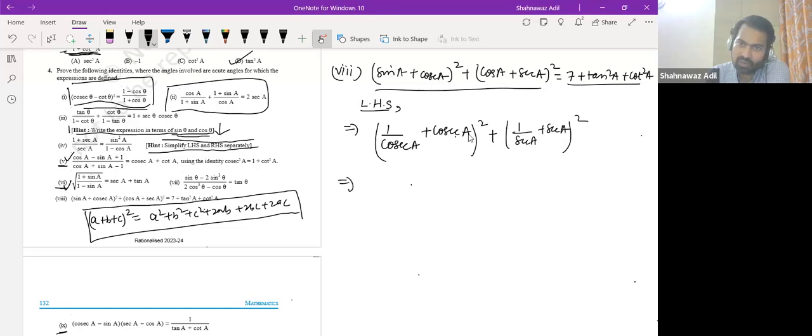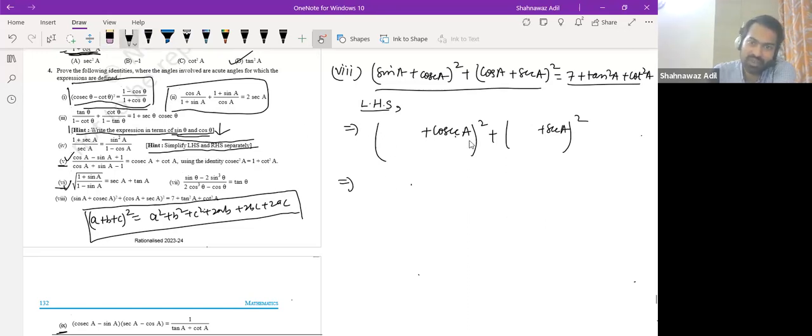So then what will we get? 1 by cosec, the whole square plus. Okay, we can keep it and write it that way. We'll get the same result, no harm.